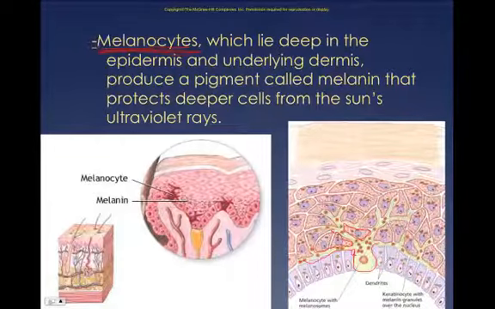And obviously, as you know, melanin is what protects our cells from the sun's ultraviolet rays. So these melanin granules will move from these little extensions of our melanocyte and be absorbed into the surrounding epithelial cells, or the keratinocytes surrounding that melanocyte.